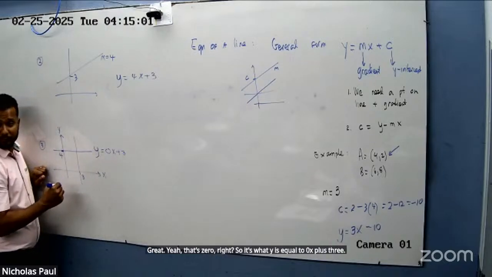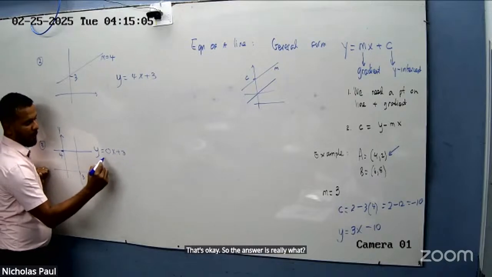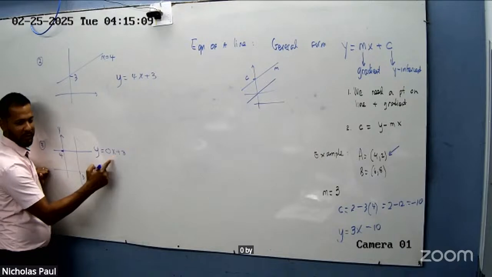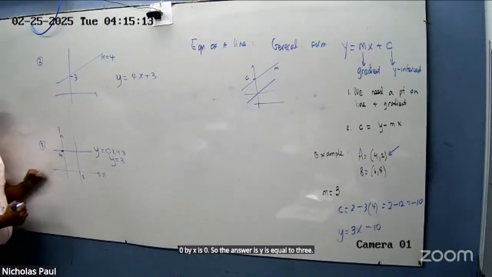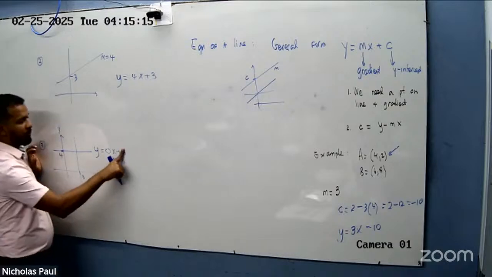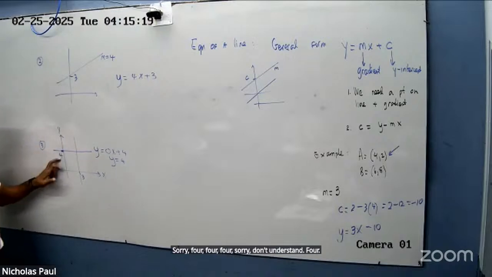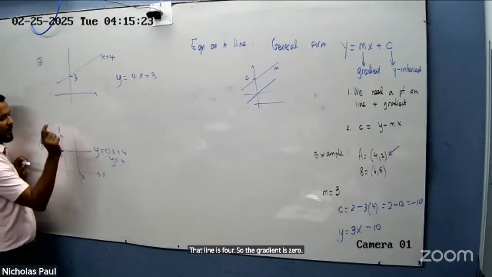So the answer is really, 0 times x is 0. So the answer is y is equal to 3. Sorry, 4. That line is 4. So the gradient is 0 and the y-intercept is 4.